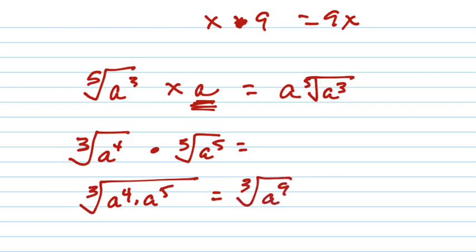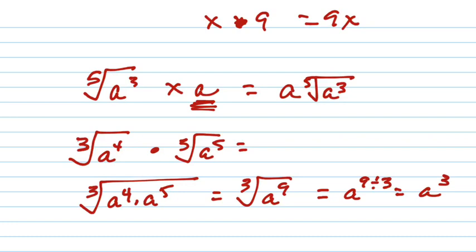And can I divide 9 by 3? Yep. So that's a to the 9 divided by 3, which is just a to the third. Wait, so you leave the index aside? Yeah, the index, remember, a square root times a square root is still a square root. A third root times a third root is still a third root.